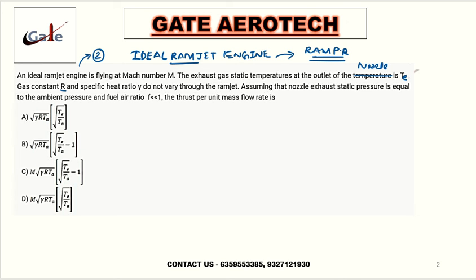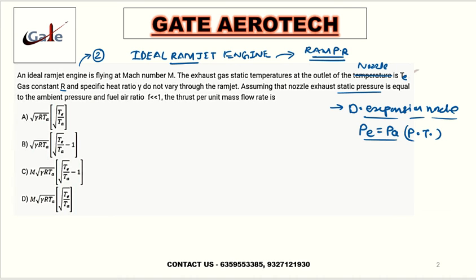Assume that the nozzle exhaust static pressure is equal to ambient pressure. What does it mean? They are indicating that you consider optimum expansion at the nozzle exit, so no need to consider pressure thrust. Pressure thrust is gone. Now they are saying the fuel air ratio is this.